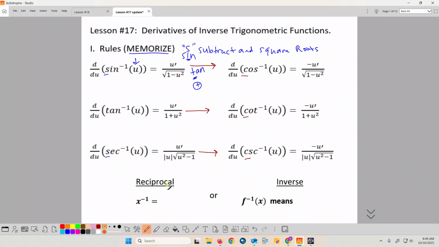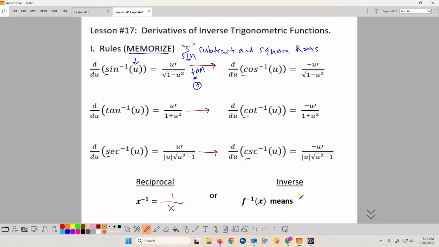Okay, so let's now talk about something that students confuse pretty often: the reciprocal versus the inverse notation. Whenever I see something like this, a reciprocal, remember that this just means I don't want a negative exponent, and so I can write it as 1 over x to the first power. In other words, 1 over x. Now, whenever I see f to the power of negative 1, that's very different.